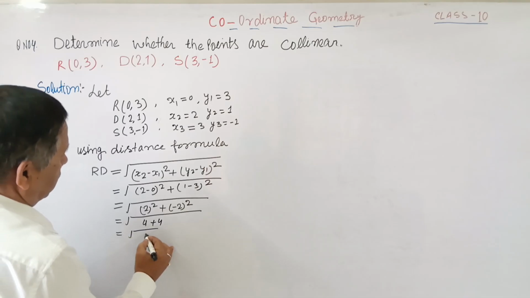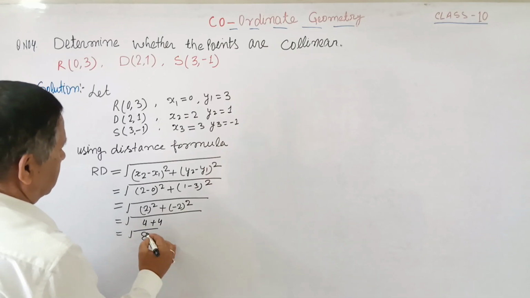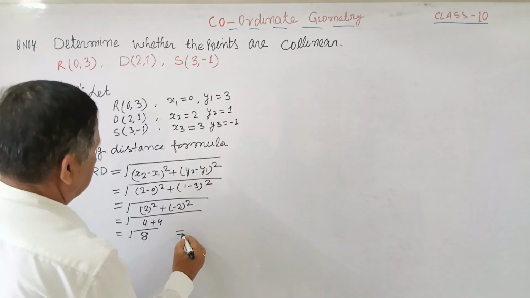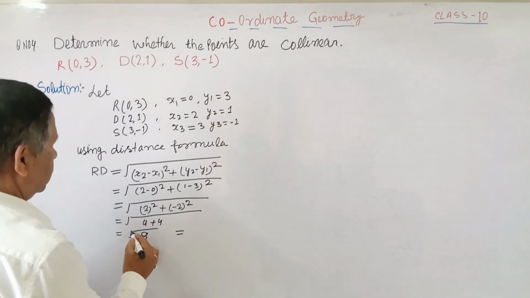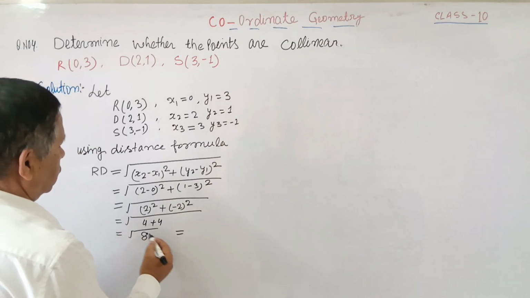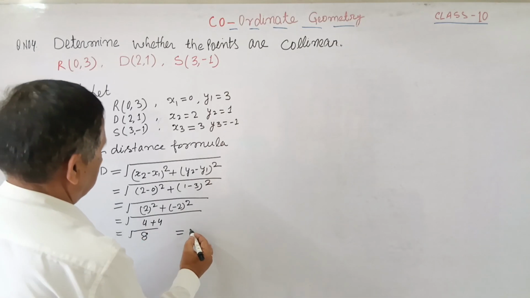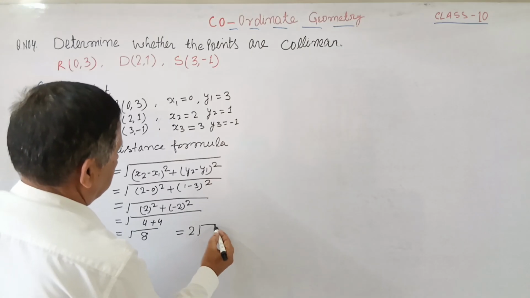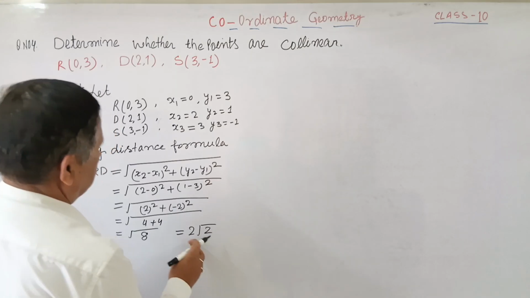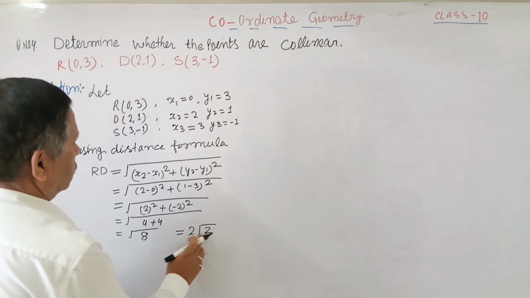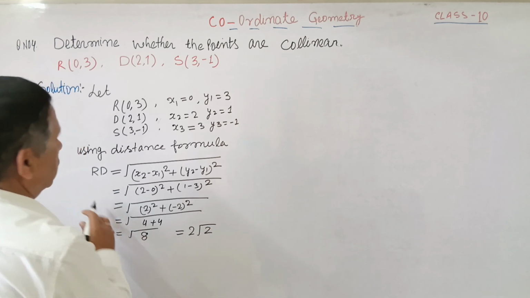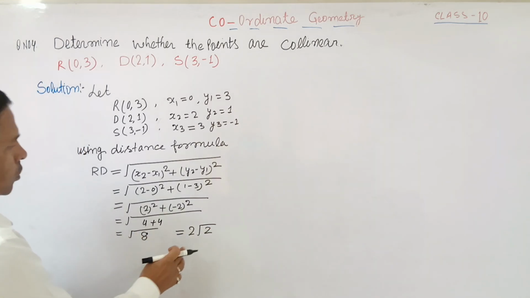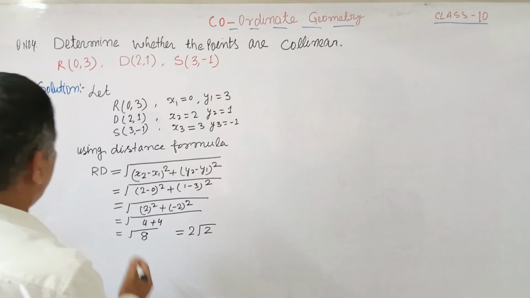So root 8, and this equals 2 root 2. So RD comes out to be 2 root 2.